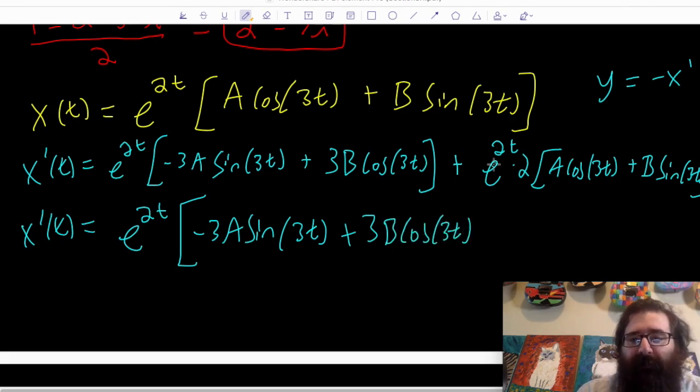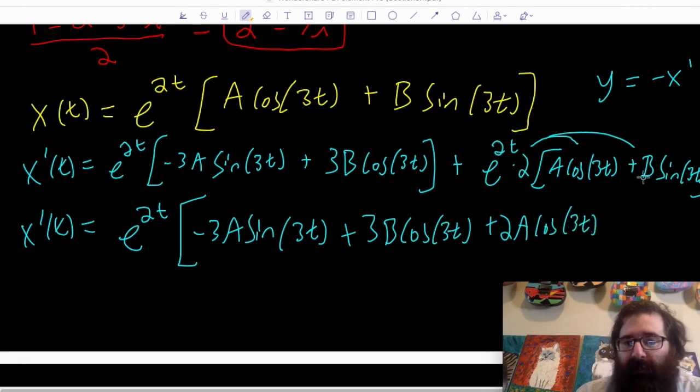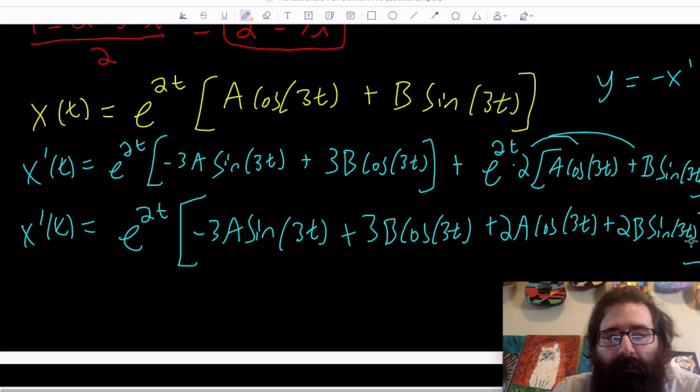I factored the e to the 2t out, but I do want to bring this 2 in. So we'll say plus 2a cosine 3t, and then plus 2b sine 3t. That looks pretty nice, I think.